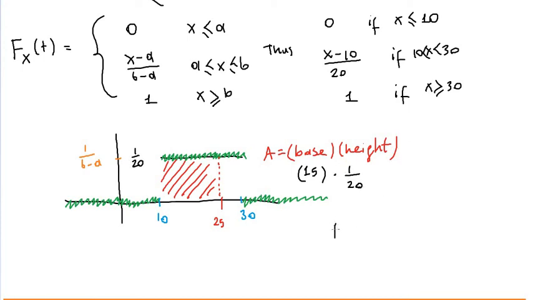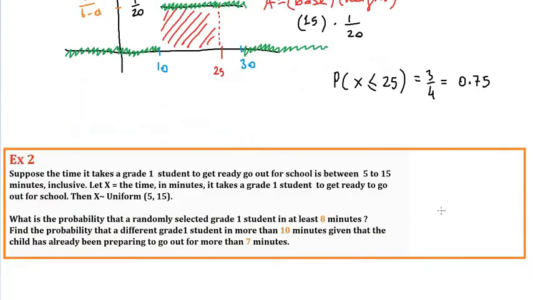So the probability that x is less than or equal to 25 will be base times height, the area of this rectangle, which is 15 over 20, which is 3/4, or 75%. So the probability that the coating is less than or equal to 25 micron is 75%. Let's go to the second example.